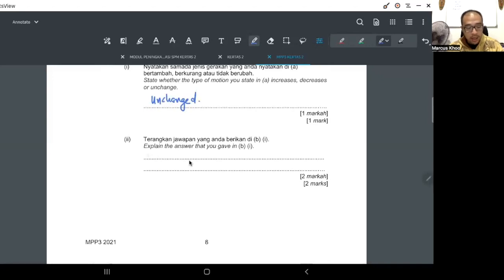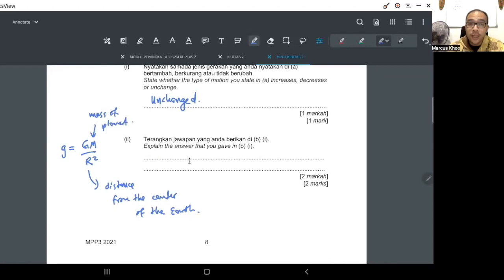Because the formula for gravitational acceleration is g equals GM over r squared, where r is the distance from the center of the Earth, and this M is the mass of the planet.